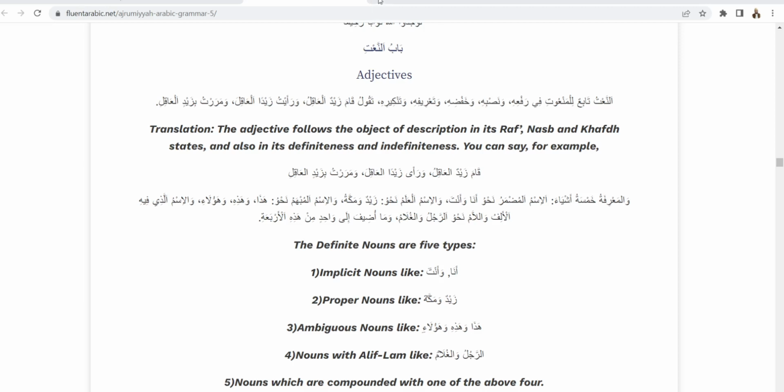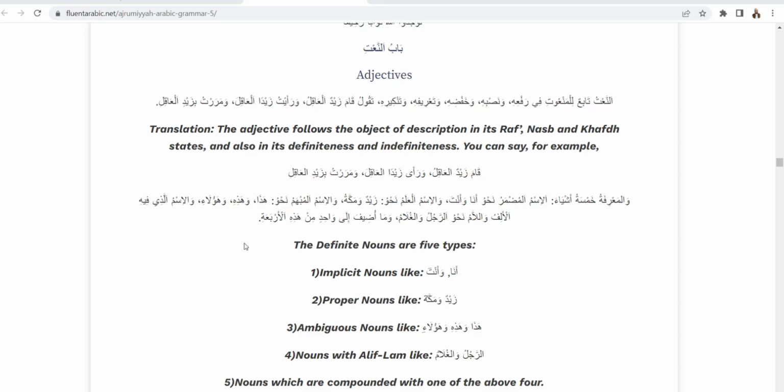So these will be the sisters of ظننت. Very good. Do you have any other examples? I think the question was kana and their functions and inna and their functions.